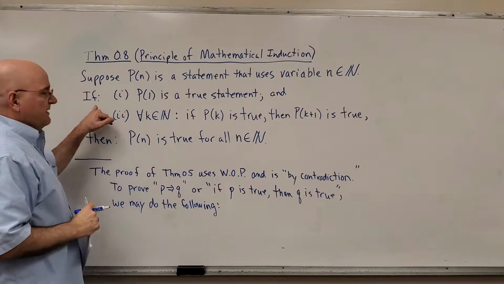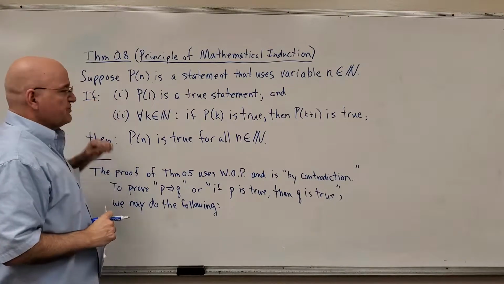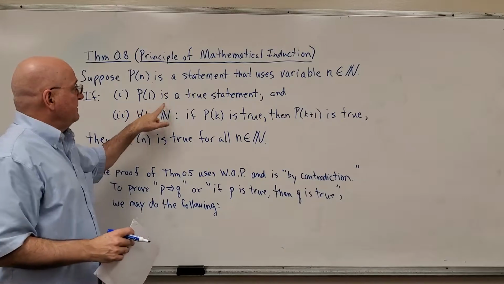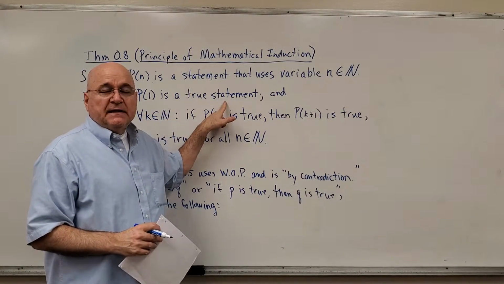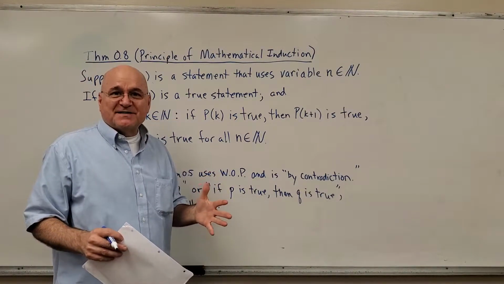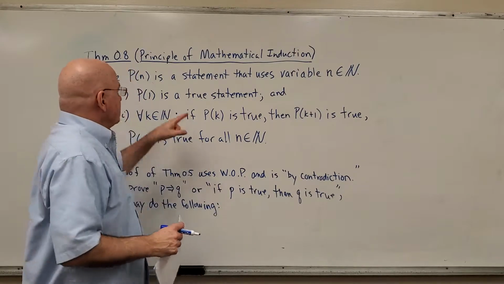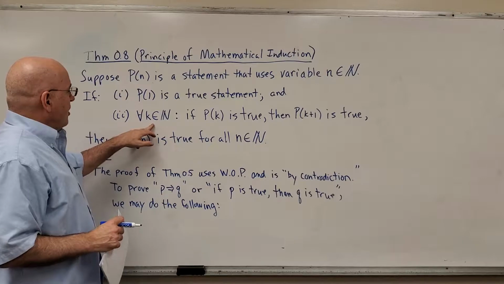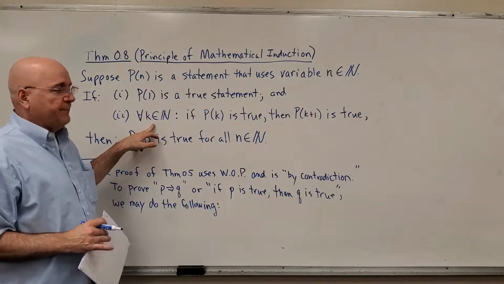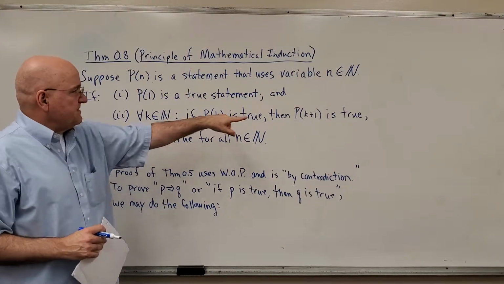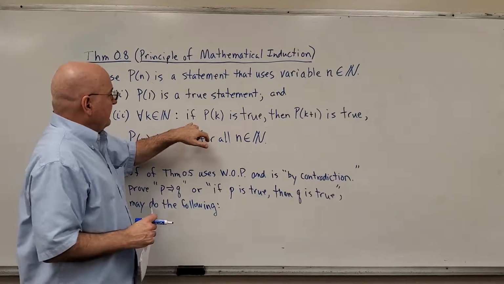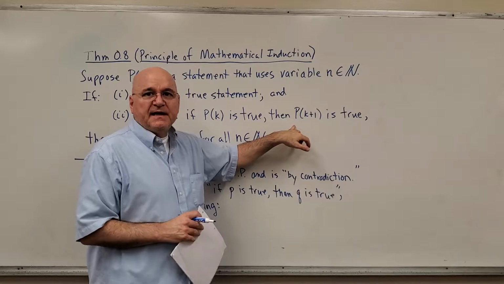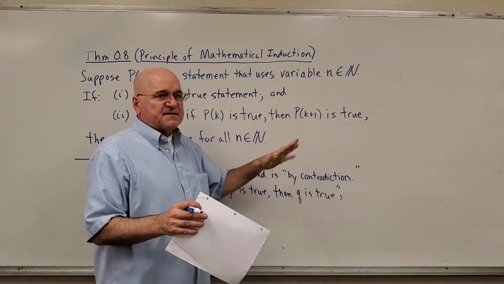And here goes. If these two things hold true, then we're done. The first one says, if P1 is a true statement, that could be very simple to prove. And the second one is, if for all k in the natural numbers, if Pk is true, then the next one is true, Pk plus 1. And that'll be a simple algebra proof.